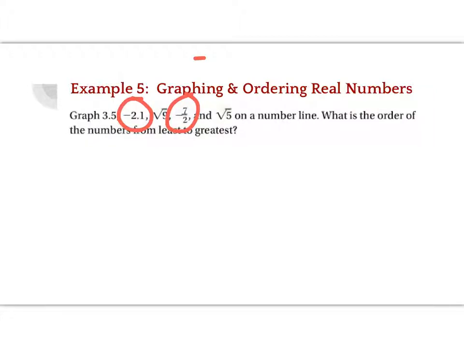Notice that negative 7 over 2 will go into 7 3.5 times. So I have negative 3.5. The bigger the negative number, the smaller it is. So I know negative 3.5 is less than negative 2.1.